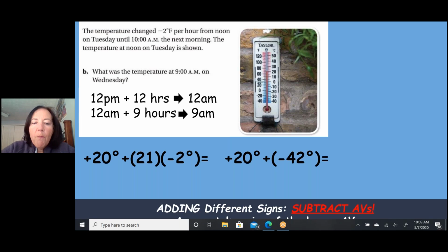Negative 22. It says negative 22. Nice job.